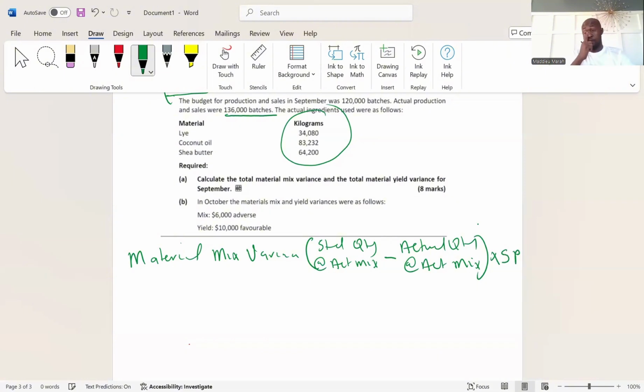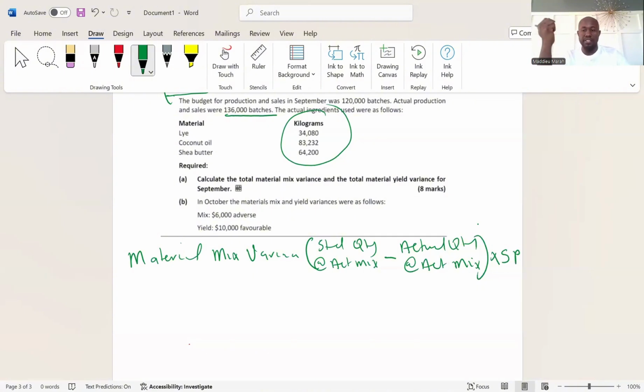This is my formula for material mix variance. We are comparing the standard to actual. The answer we got, which is the difference in variance in kg multiplied by standard price, gives us the variance in value. Now, we cannot solve this type of variance with just this formula as it is. It will be a tough time for us.